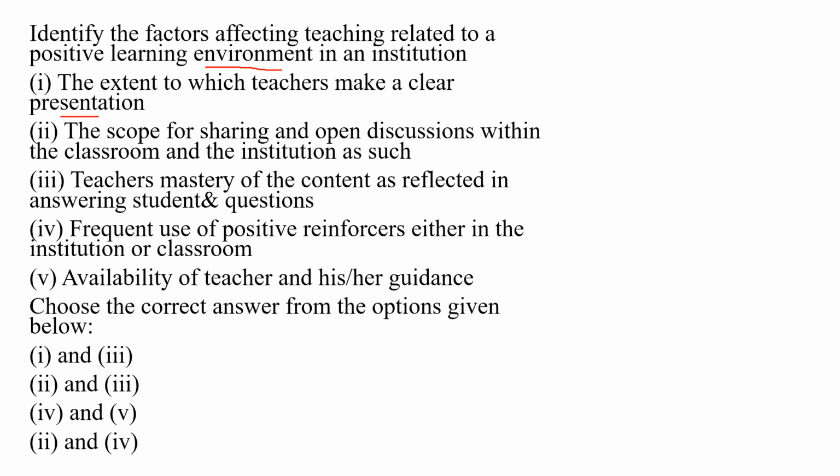Second is the scope for sharing and open discussion within the classroom and the institution as such. Third is teacher mastery of the content as reflected in answering student questions. Fourth is frequent use of positive reinforcers either in the institution or the classroom. And the last one is availability of the teacher and his or her guidance. For this they have given you the code, and from this code you have to select the correct one.